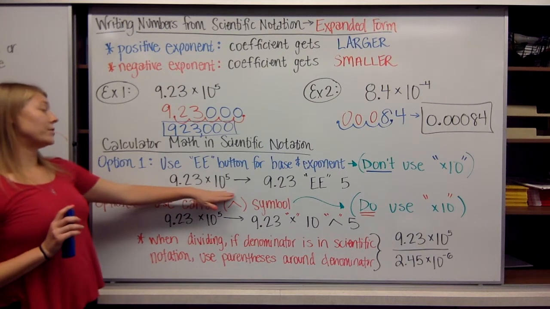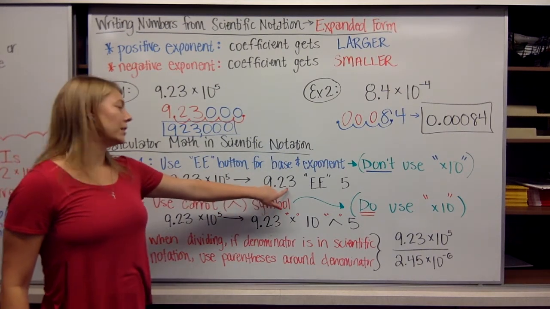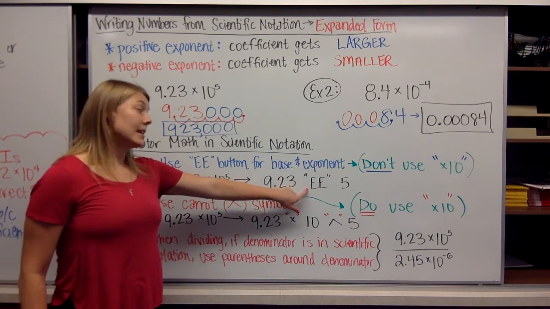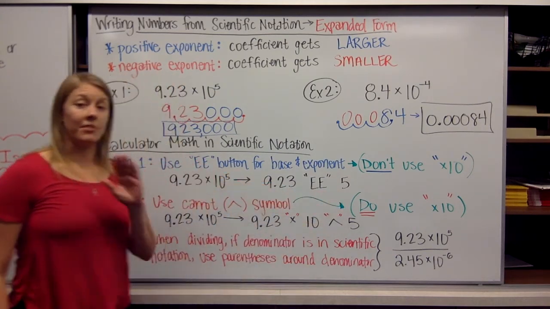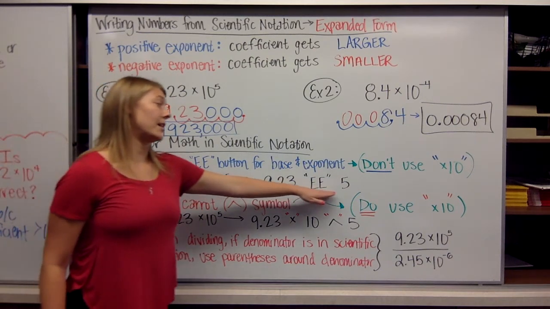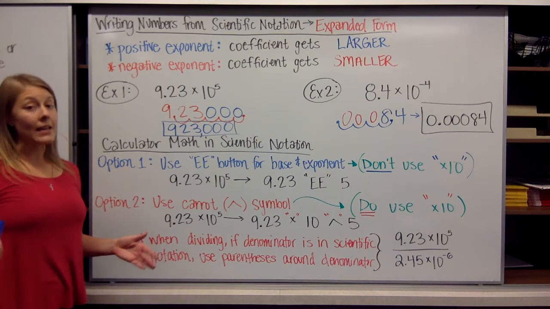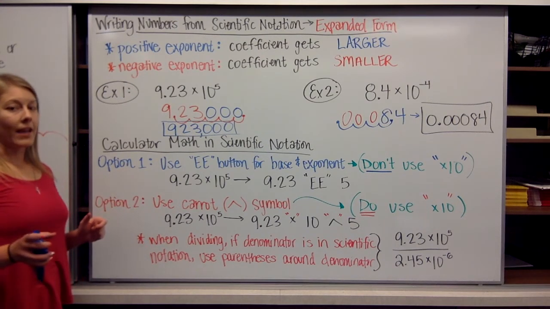So I would type 9.23 times 10 to the 5 into my calculator as 9 decimal 23 EE 5. There's no times, there's no 10, okay? Just 9.23 EE 5.